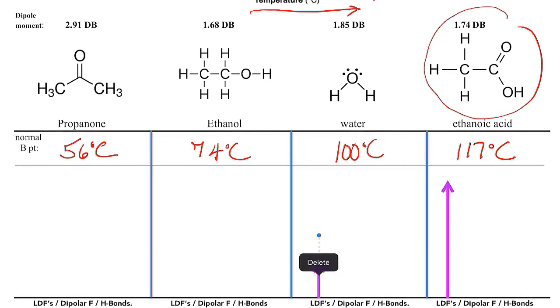Now we've got this ethanol here, it has a long shape, and I compare it to the propanone, which is more circular, so it's got to be greater than the propanone. So I'm going to draw an LDF here, and I think that's going to be greater than the water, which is more circular. Ethanoic acid is the same shape as ethanol, except there's more electrons. So that's why I did that there.